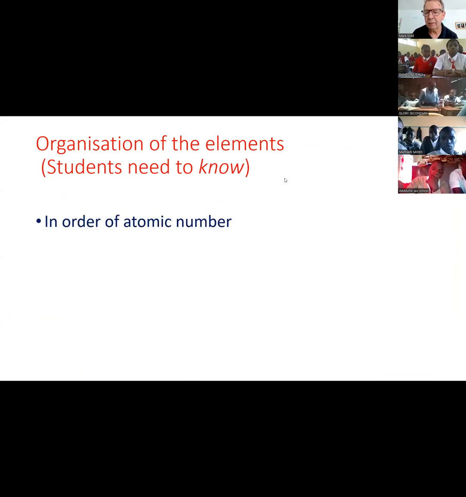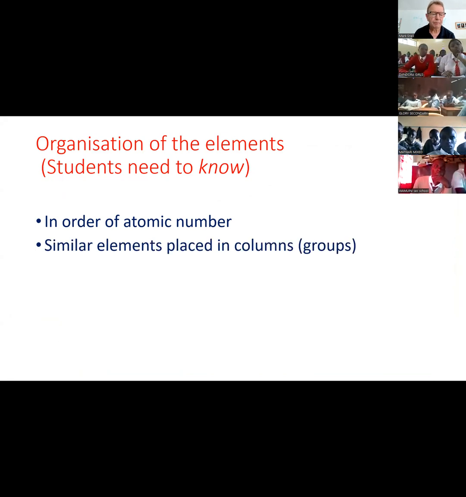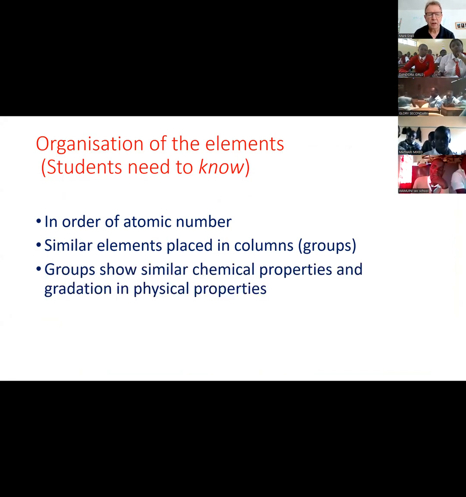Firstly, the periodic table is in order of atomic number. Maybe you know that already. That's great. They are in order of atomic number. Similar elements in columns or groups. And the point about the groups is that every element in a group has similar chemical properties and a gradation.